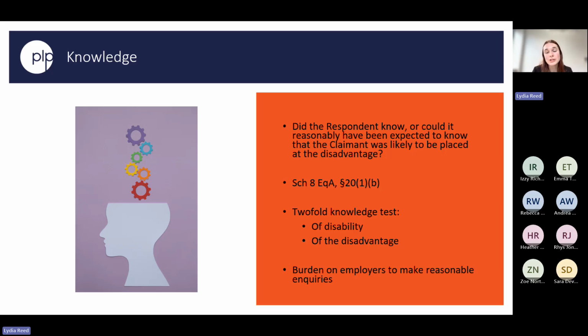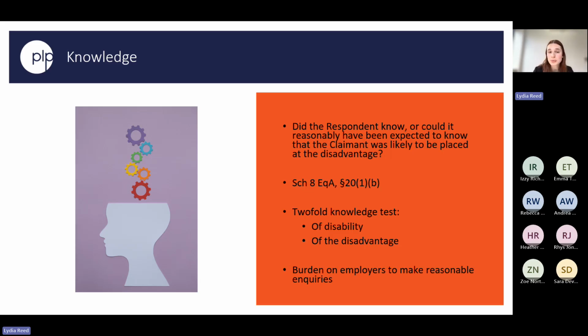It might be a situation where the employer doesn't know anything, so they don't know that the claimant, the employee, has a disability at all. But it also could be more nuanced, that they knew that the claimant, the employee, had the disability, but did not know that the PCP was placing them at a substantial disadvantage.